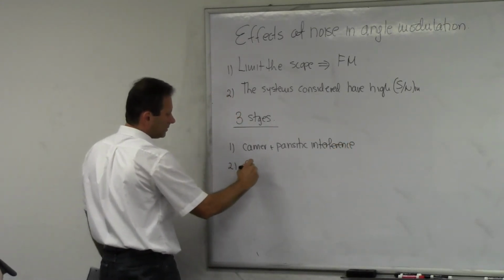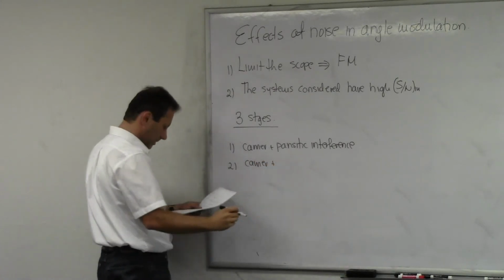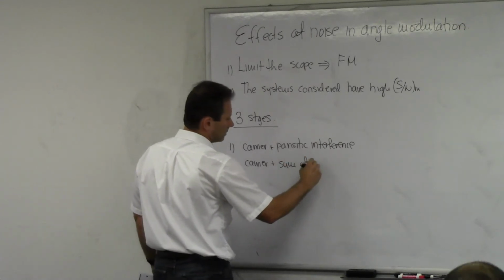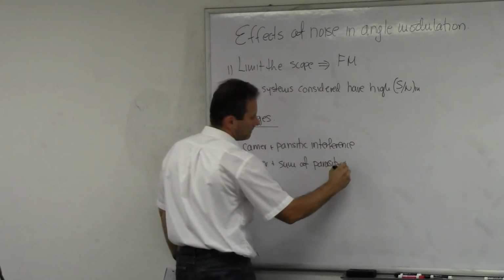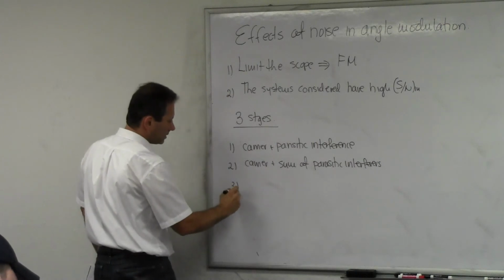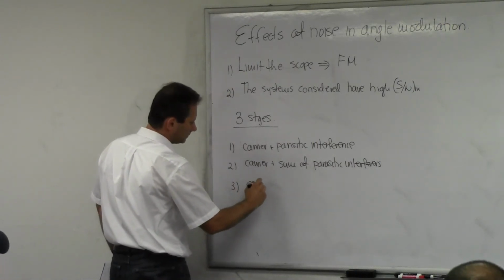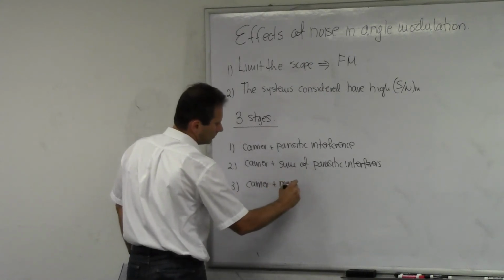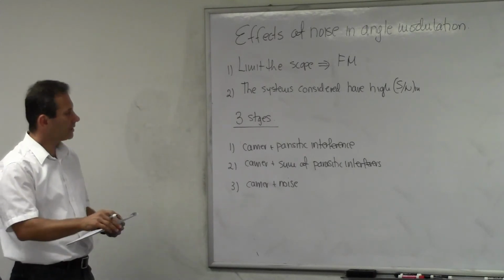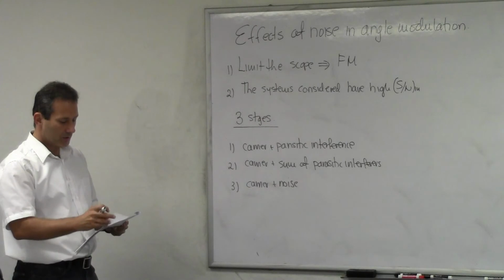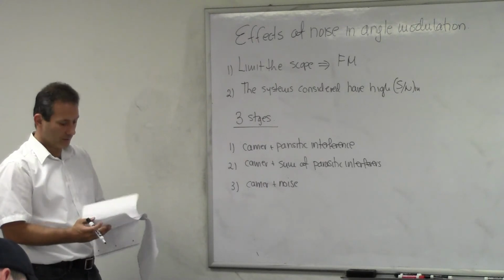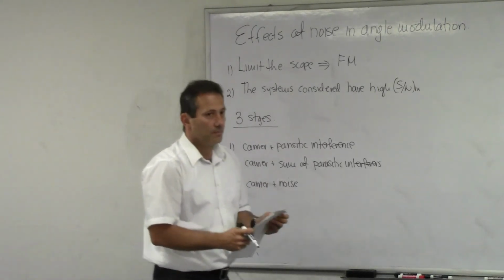Then we're going to consider carrier plus a sum of parasitic interferences. And in the last iteration, we're going to look at carrier plus noise. That's going to be our last step. And even there, just like we've been doing so far, we're going to assume that the noise we're facing is white Gaussian noise with a flat power spectrum. So let's look at the first case.